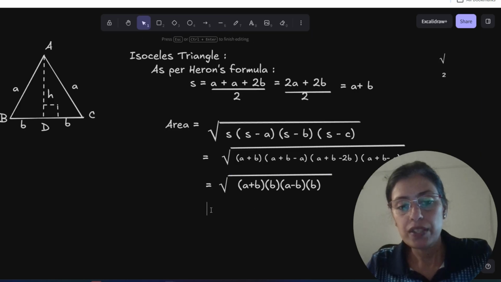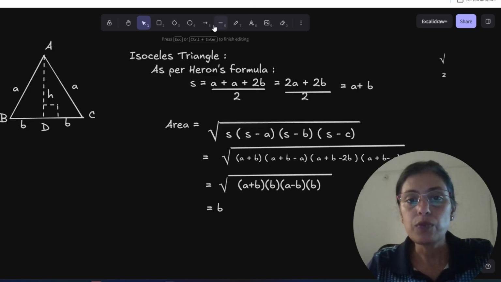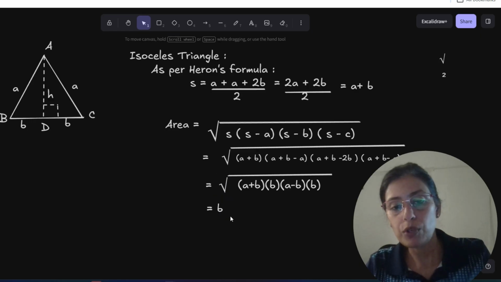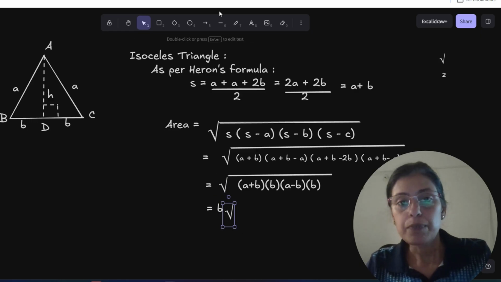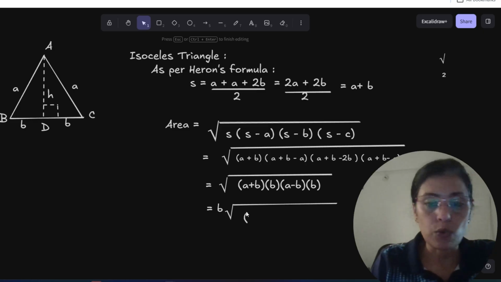So what do we see ultimately? B comes out, right? And inside we have A square minus B square, because we have A minus B into A plus B from your algebraic identities. If you remember, the value of A plus B into A minus B is A square minus B square.